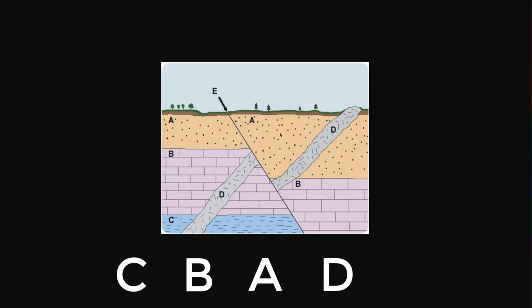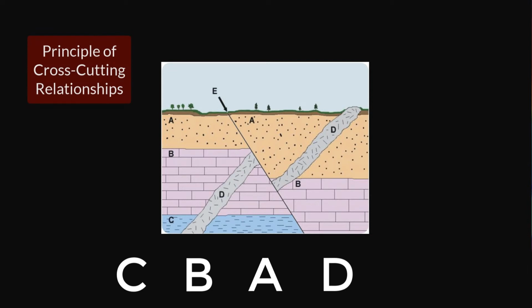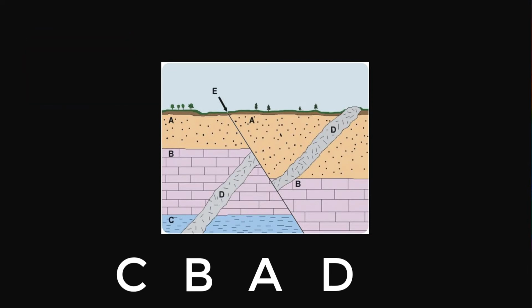Now, the final event that has taken place in this example is E. E is a fault, and this fault has disrupted the area and cut the rock. Now we know that E came last because every other unit in the image has been affected. So D has been offset.